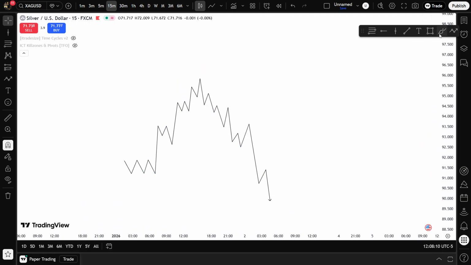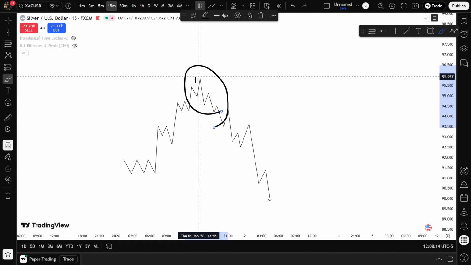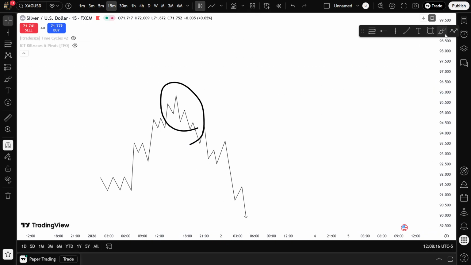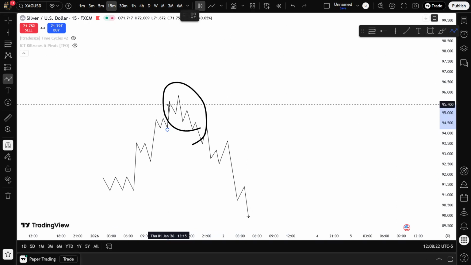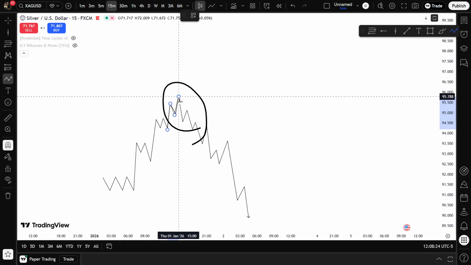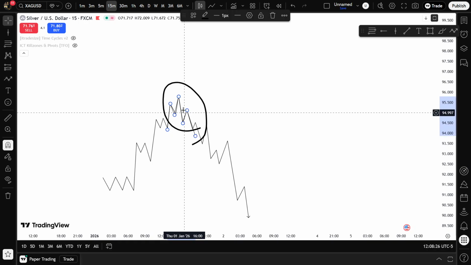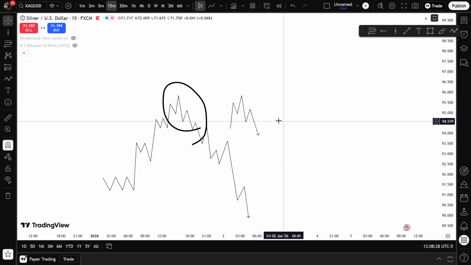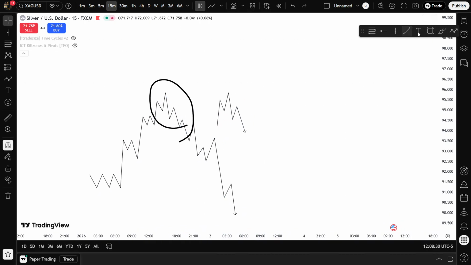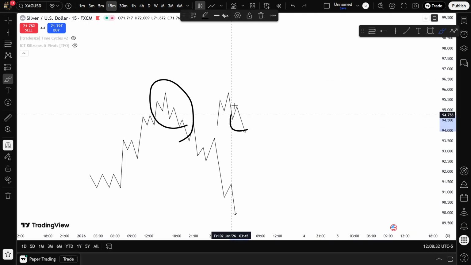So if we just talk about this right here, just the smart money reversal, we can see this price action, right? Let me copy this to this side. Let's now talk about this right here.